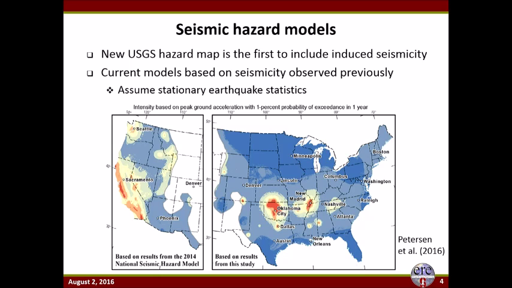And what this map is showing is that the areas in red are parts of the country that are forecasted to have a 1% probability of experiencing a damaging level of ground motion resulting from an earthquake in the next year. And this type of analysis really relies upon the statistics of earthquakes that have happened in the past.